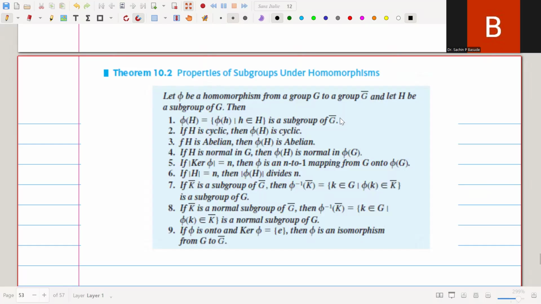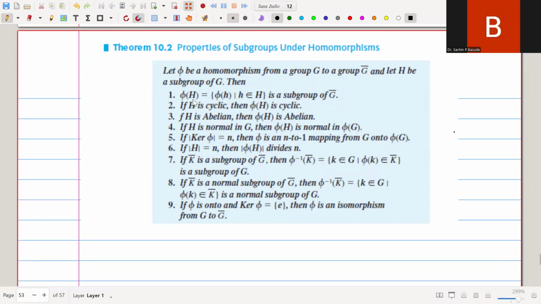Next theorem on properties of subgroups under homomorphism. Proof. What are the given things? Phi from G to G bar is a homomorphism.